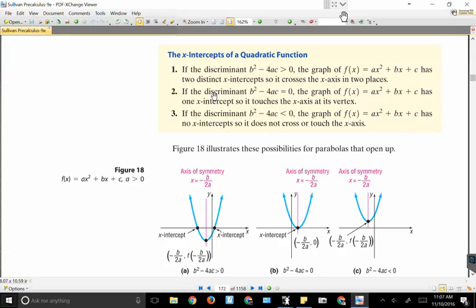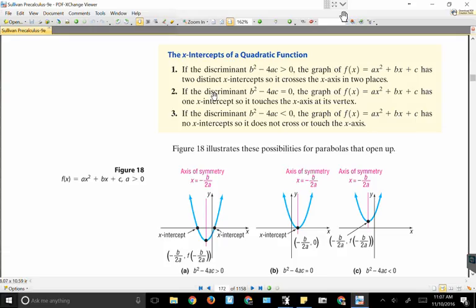Now think about this. What happens if my discriminant would be 4? How many possible numbers are there to get a 4? Well, there's 2. With the square root of 4, we can either have 2 squared or negative 2 squared, correct? Okay, so I have 2 possibilities.